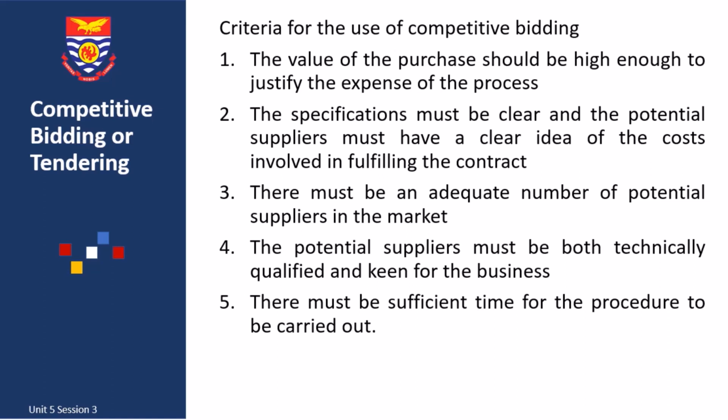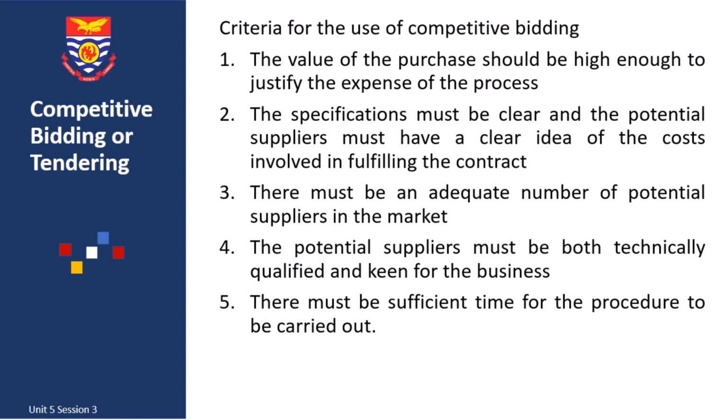The first criteria for competitive bidding is when the value of the purchase is high enough to justify the expense of the process. Like we said earlier, when the value is high, that's when we use competitive tendering. You can't waste resources on a process for an item of low value.